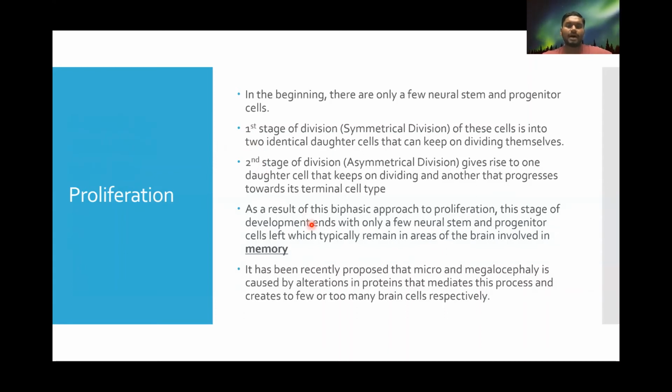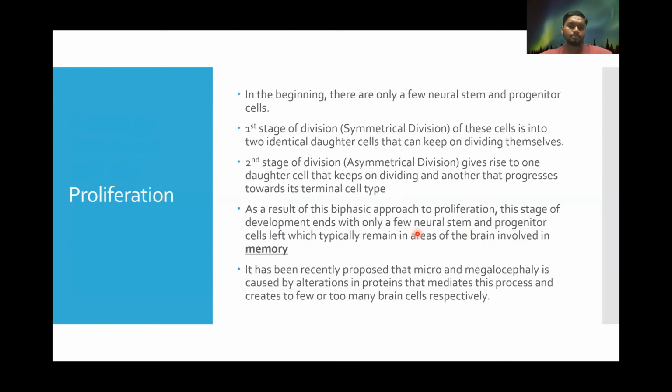And as I said, this is a biphasic approach. As a result, you start with very few neural stem cells, but you also end with very few neural stem cells and progenitor cells, because the second stage makes sure that there isn't an excess at the end of the stage.